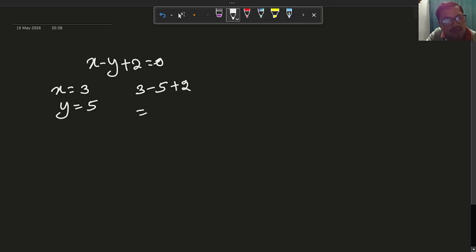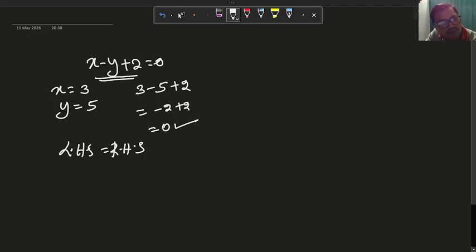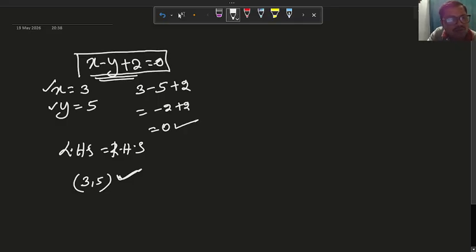That means minus 2 plus 2, that equals 0. That means LHS equal to RHS. That means we can say that this equation is satisfied if x equal to 3 and y equal to 5. That means the coordinates will be (3, 5). (3, 5) is a point which satisfies the equation x minus y plus 2 equal to 0. So it is a solution of this equation.